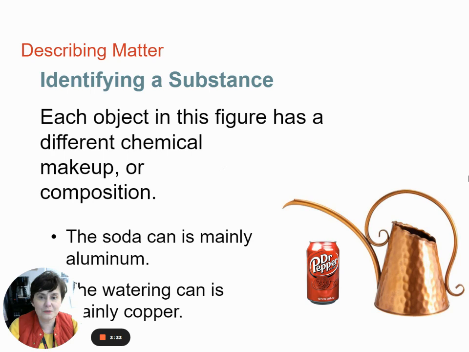Now, each object in this figure, a can of Dr Pepper and a nice copper-looking watering can, something decorative that you might have around the house, is made of a different chemical makeup or composition. Soda cans are mainly aluminum. The watering can is mainly copper. They're obviously based on two different elements.